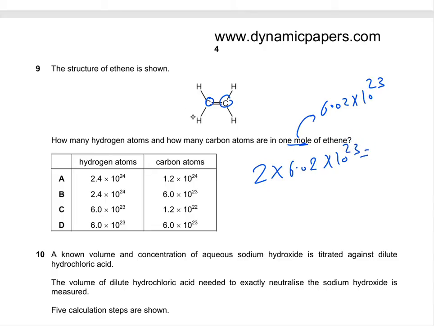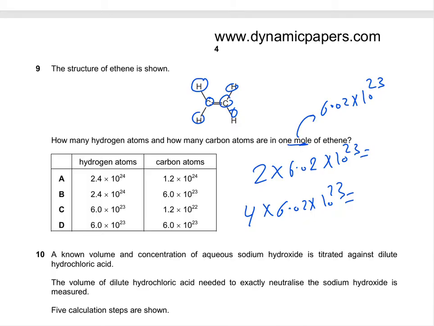And to calculate the number of atoms of hydrogen, we have here 4 hydrogens. And to see it in 1 mole, we'll times 4 with the Avogadro's constant, which is 6.02 times 10 to the power of 23.